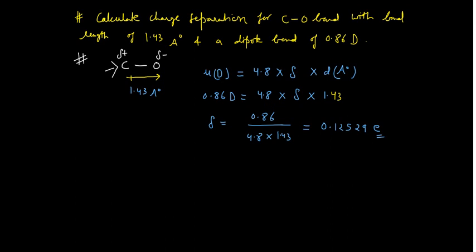Now see guys, a very important point which I want to make here. Say if you want to know the dipole moment of the molecule, what are the factors you need to consider? First of all, you should remember this particular point.